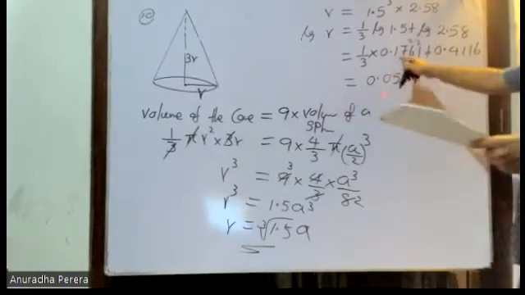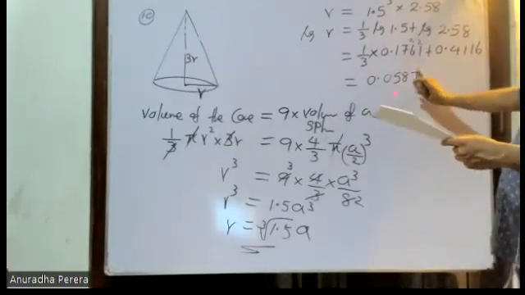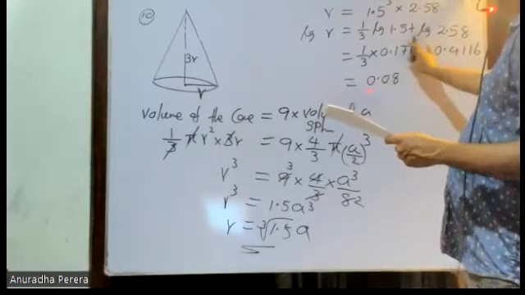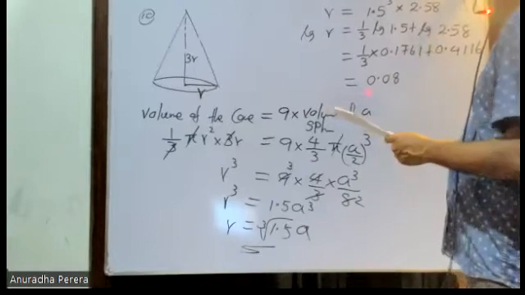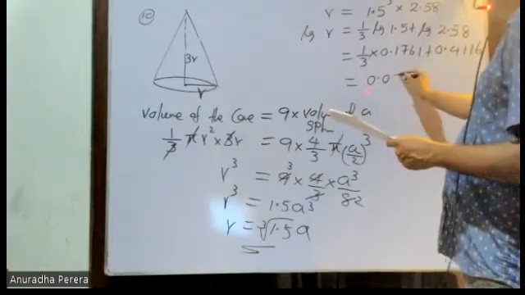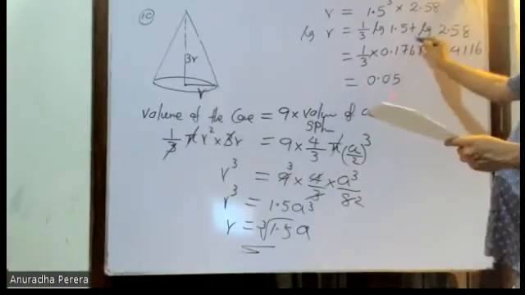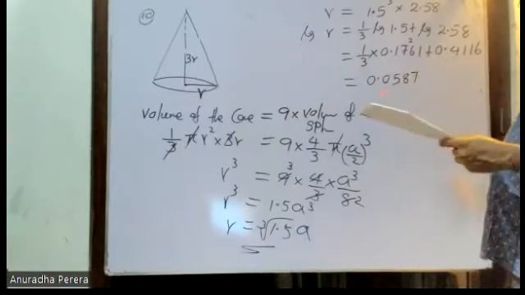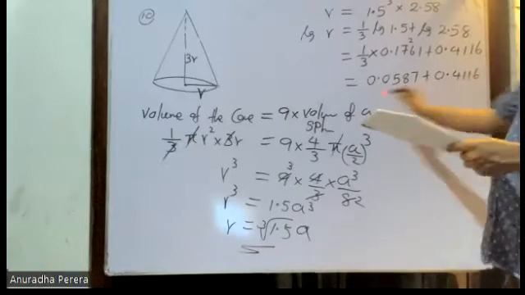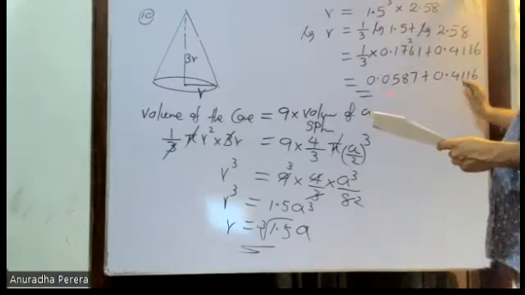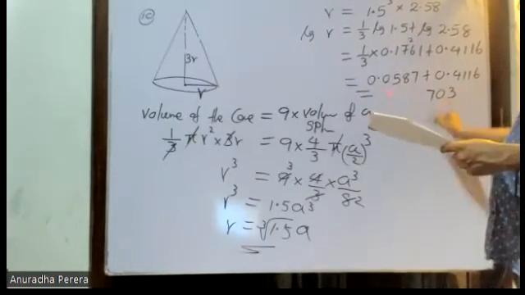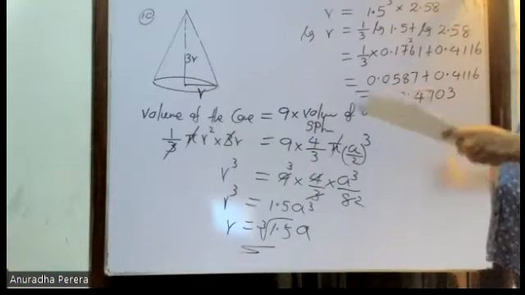When dividing by 3, 17 over 3 is 5 remainder 2, 26 means 8, 7. Yes, 0.587 plus 0.4116, add: 0.4703.